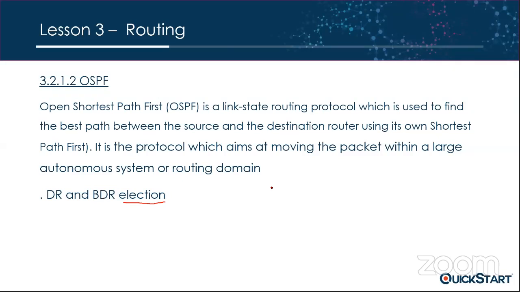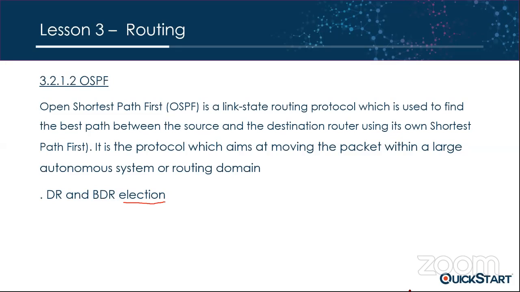DR is the designated router, and BDR is the backup designated router. The election takes place, and it depends on the router ID which one becomes the DR router for that autonomous system.